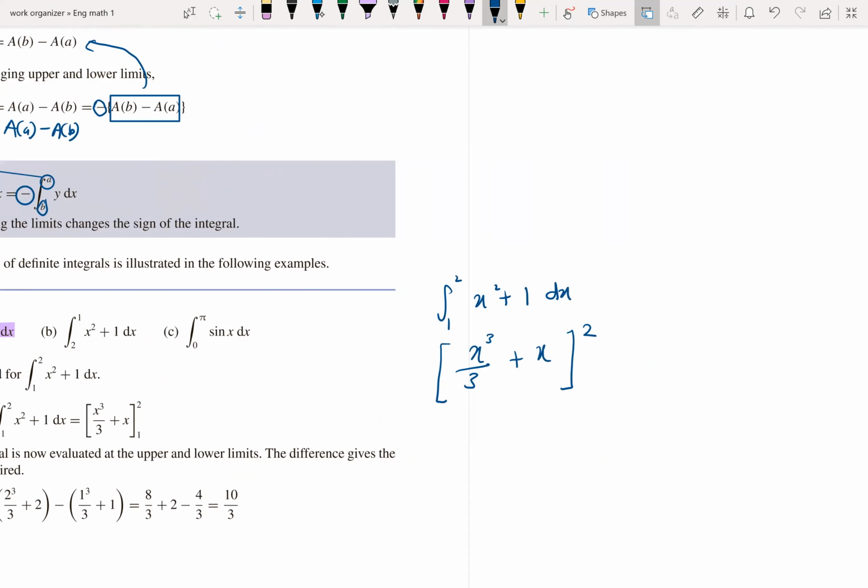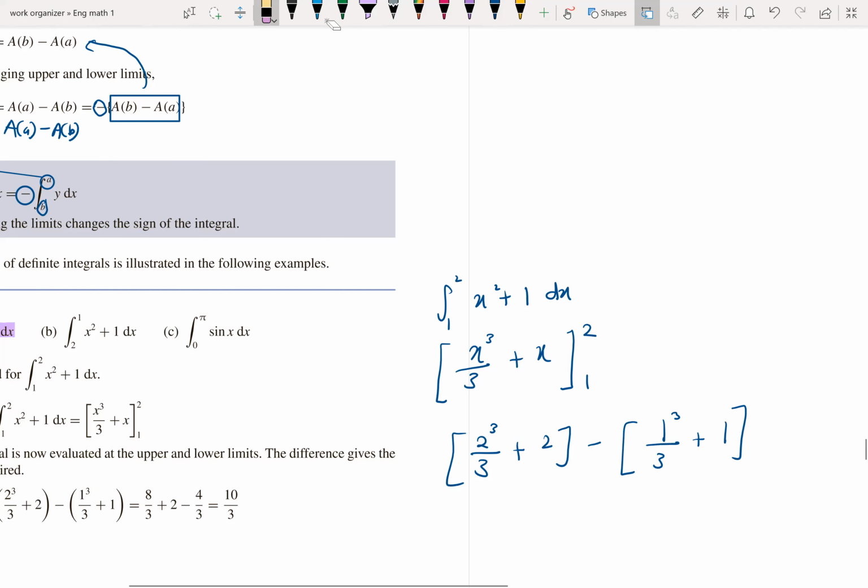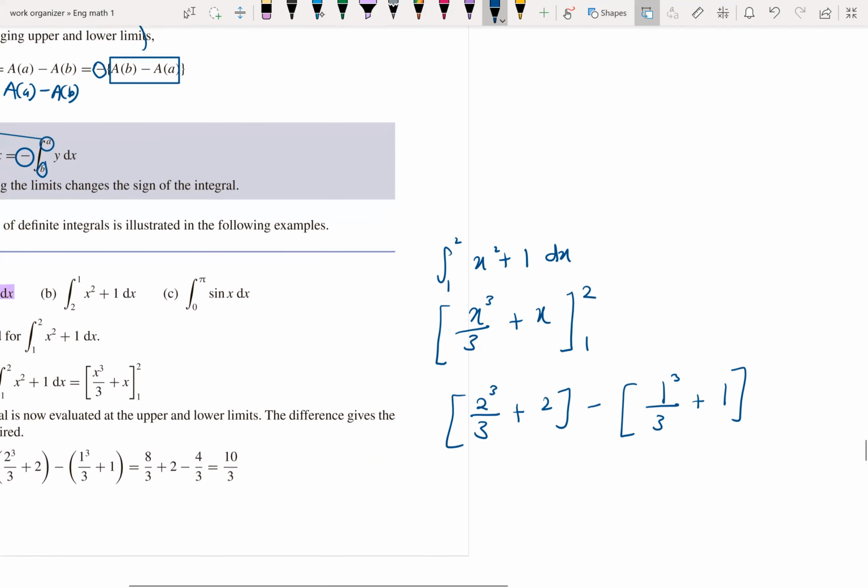So we replace x with 2: 2 to the power of 3 over 3 plus 2, minus 1 to the power of 3 over 3 plus 1. Sorry, there's no extra 2 here because we already put 2. It will be equal to 10 over 3.